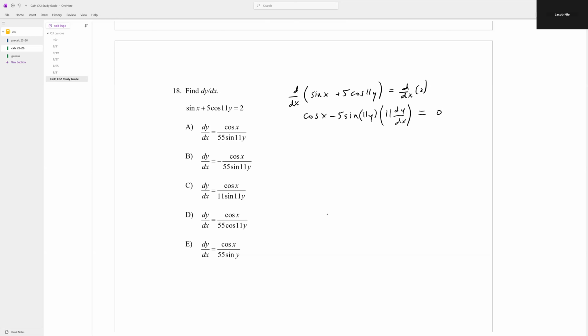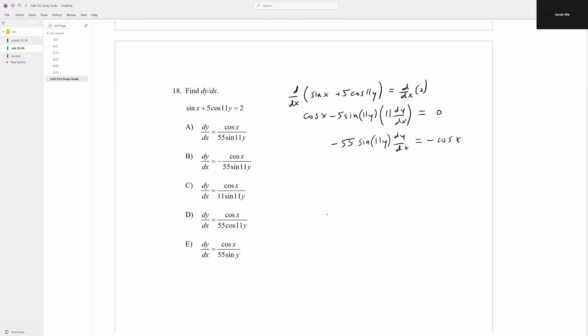And so if I simplify this a little, I can bring the cosine x to the right side. I'm left with, right, I can multiply the 5 and 11 here. That's negative 55 sine 11y dy dx equals negative cosine x, bringing it to the right side.